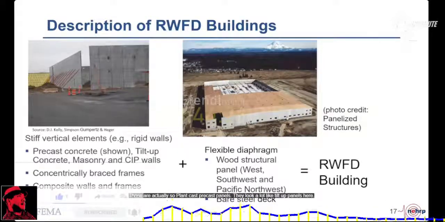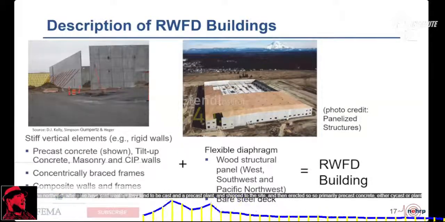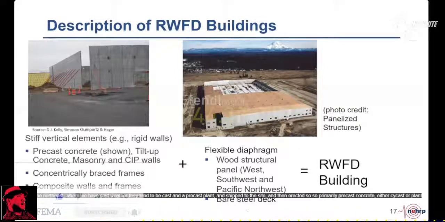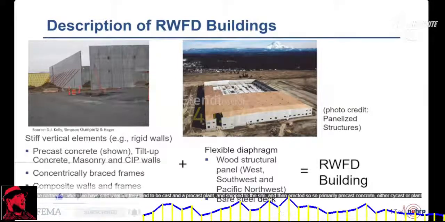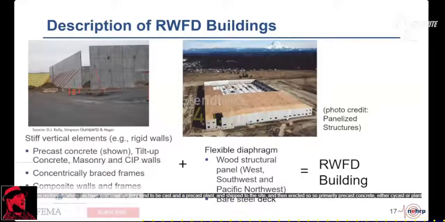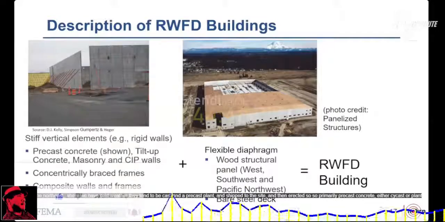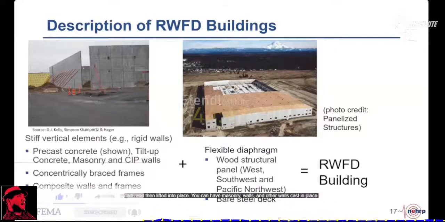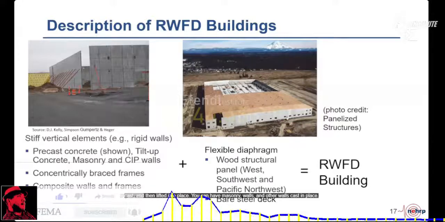They look a lot like tilt-up panels, but in the Northeast where we have cold weather, they tend to be cast in a precast plant, shipped to the site, and then erected. So primarily precast concrete, either site cast or plant cast, and then lifted into place.